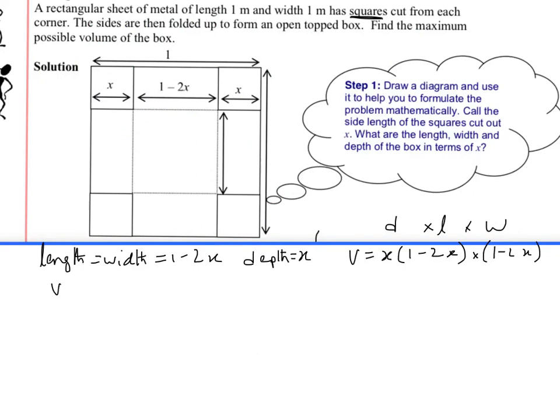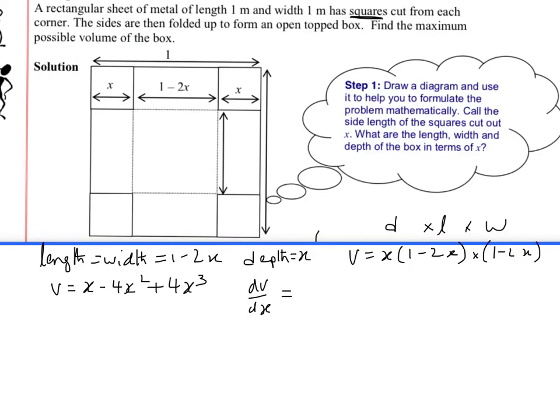Now if we were to expand this out, we should get V equals x minus 4x squared plus 4x cubed. We can then differentiate this, so we can work out what dv over dx is, and you might want to pause the video and have a go at that.